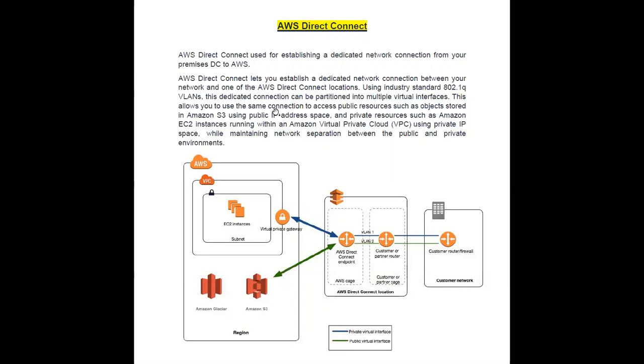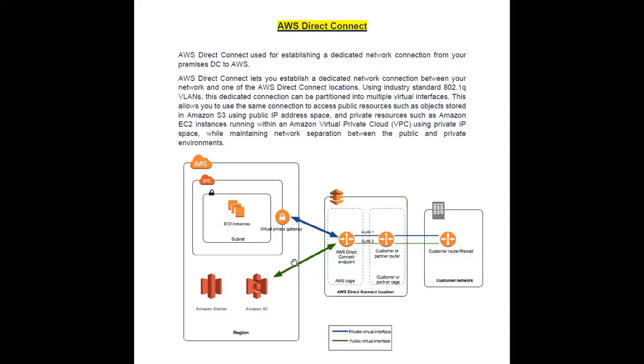As you see in the documentation, AWS Direct Connect gives dedicated connectivity from your on-premises data center to the AWS data center. So what is the need for Direct Connect? Suppose I am planning to migrate all my services to AWS; in one day it is not possible. So I can use the Direct Connect method for migrating the services, and the migration will go faster. Slowly I can migrate all my network to AWS.